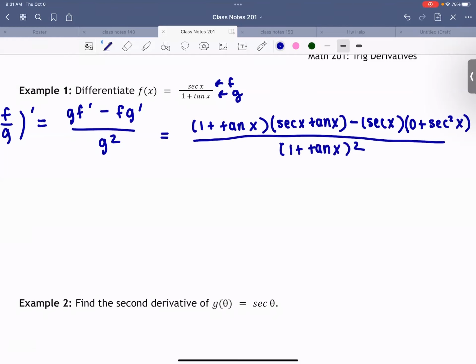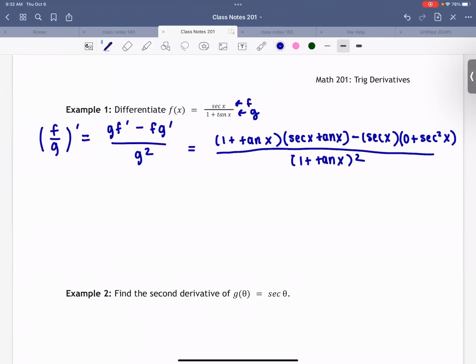All right. Honestly, I probably would want to clean this up on a test or quiz, so let's write this a little bit easier. One thing we can do is distribute the secant tangent over the 1 and the tangent. So secant tangent times 1 becomes secant tangent.